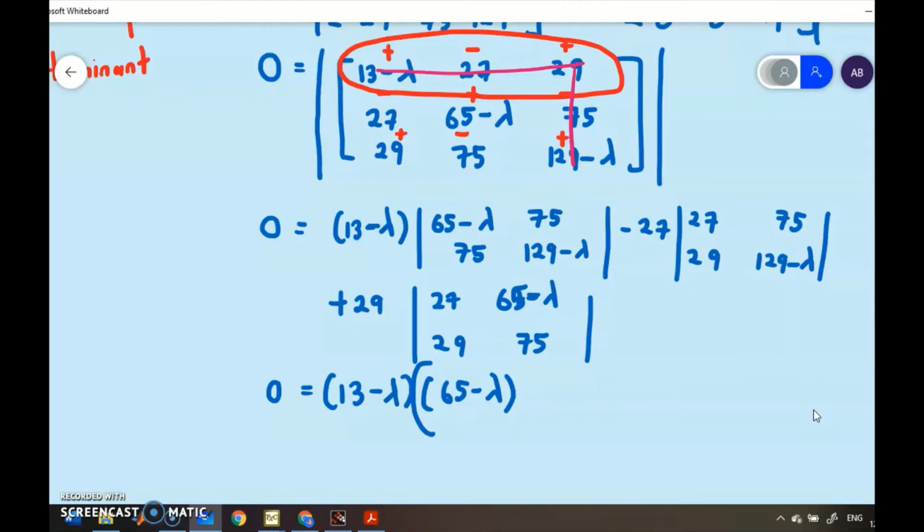multiplied by 129 minus lambda minus 75 squared.